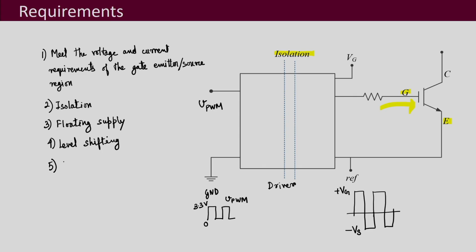And next, it should give a high impedance input. Why do we say it should have a high impedance input?